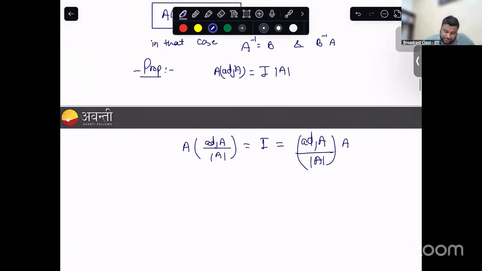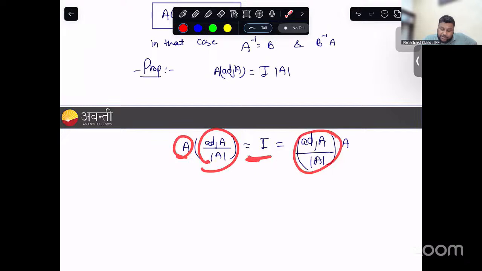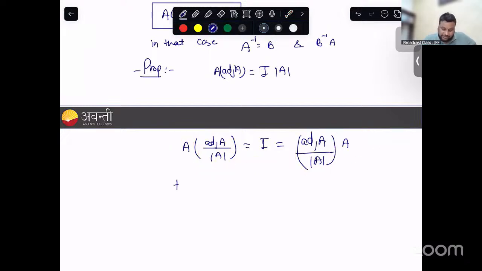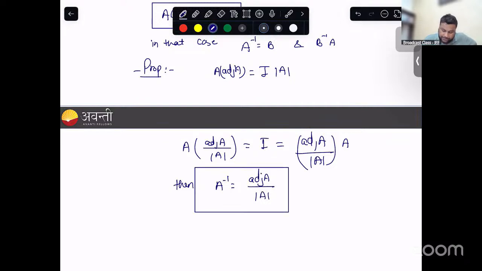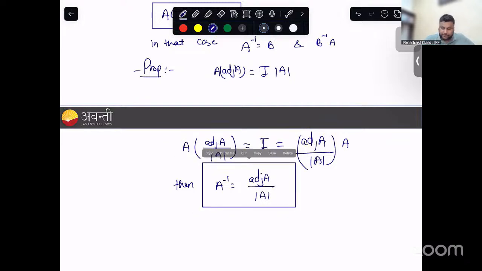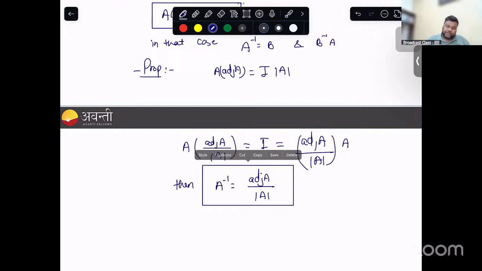That means if the product of these two matrices is the identity matrix and they are commutative also, then A inverse is adjoint of A upon determinant of A.